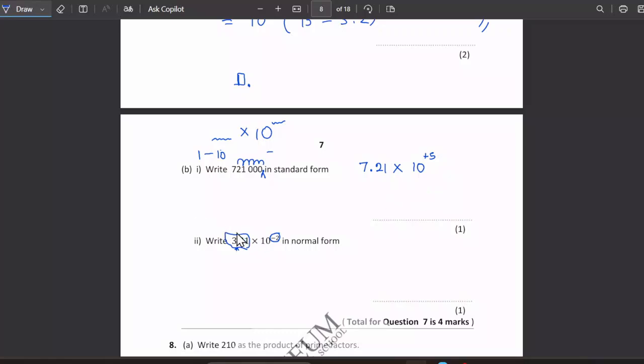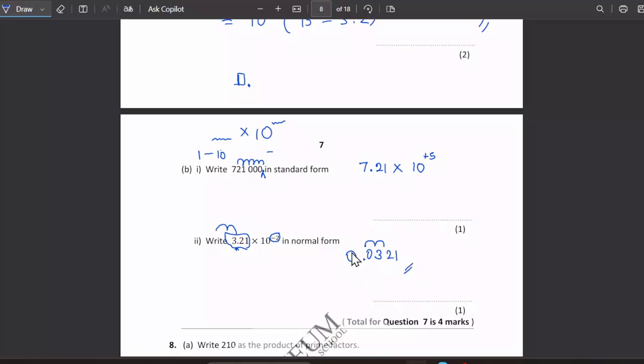So if we want to make it smaller, we have to take the decimal point to the left hand side. We can move it two places from here, and it will become something like this.